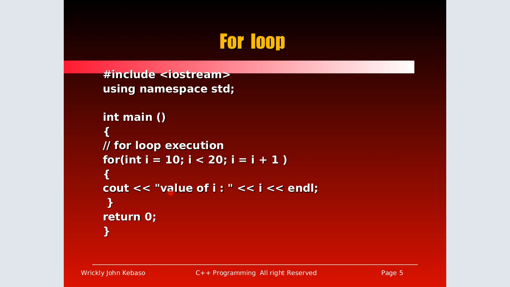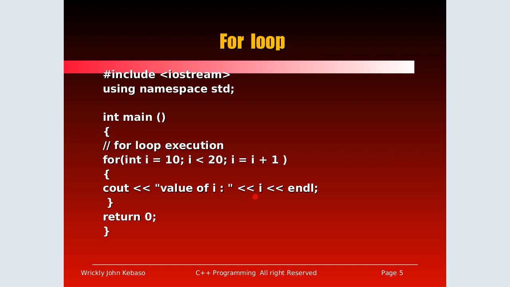So even the double quotes will not be seen. This is what you are communicating, to a human being who is seeing the program and the output. If the program runs, it will show "value of I:". Then again, we put other two insertion operators for outputting.